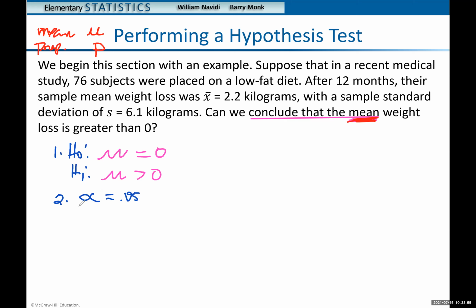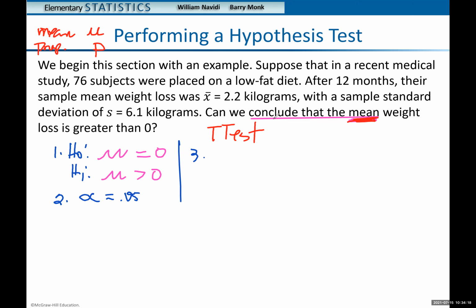Then step number 3, I'm going to use this side here. And this is 9.3. And what's the shortcut here? T-test.